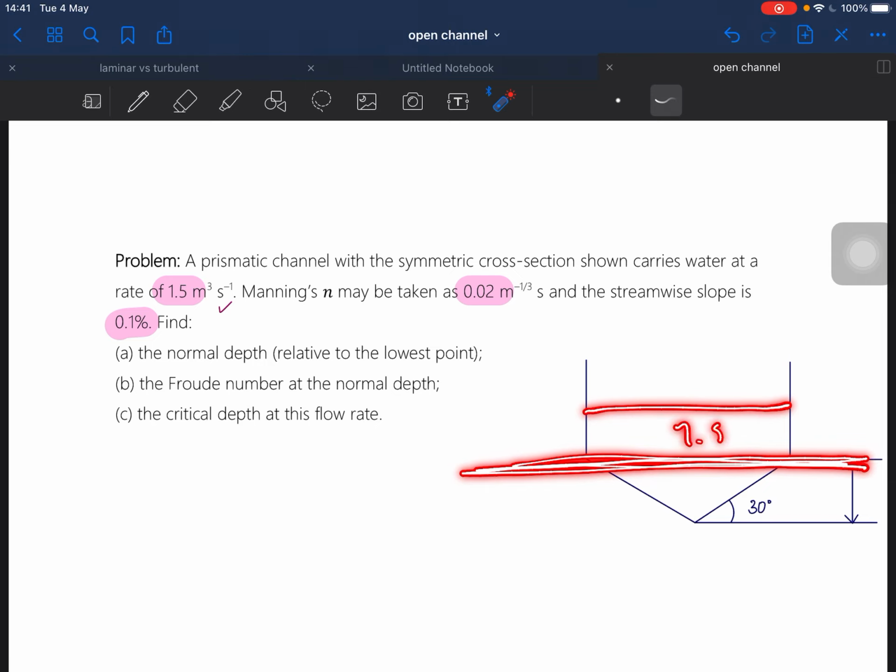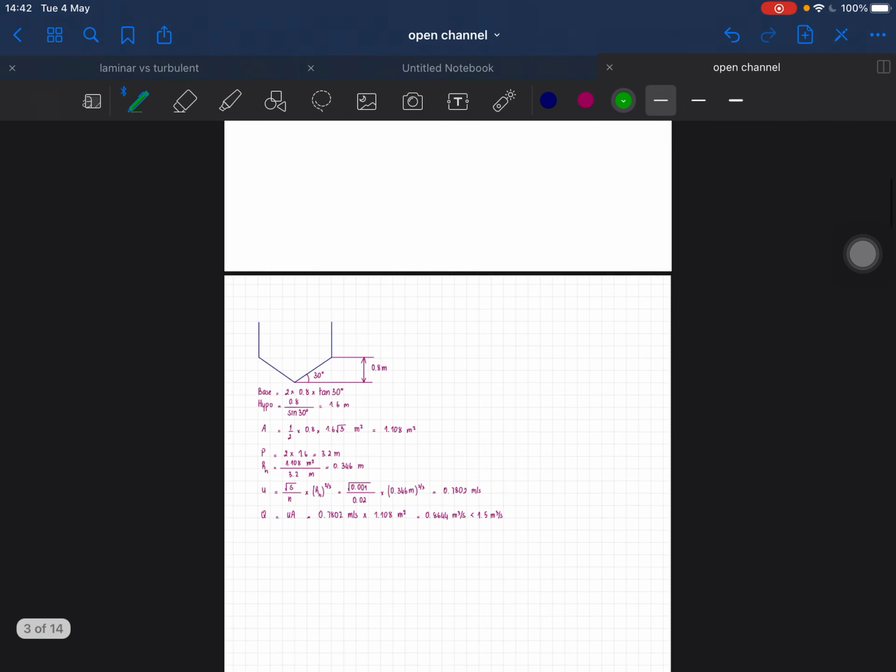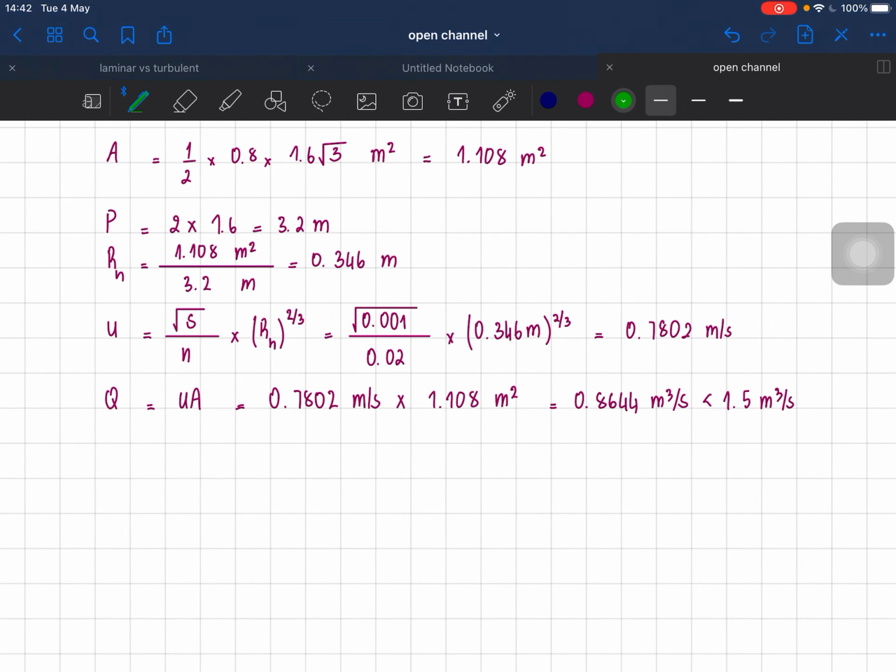So 1.5 here is above this line, because this line can carry only 0.864 cubic meter per second, while the water is already 1.5, right? So it must be above the V line, so it is less than required, right?